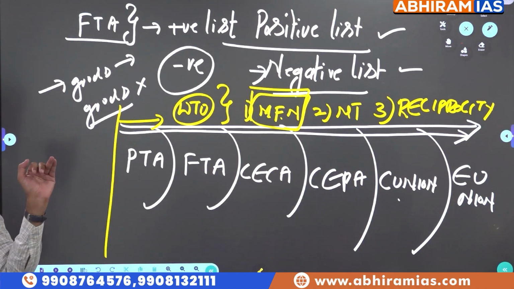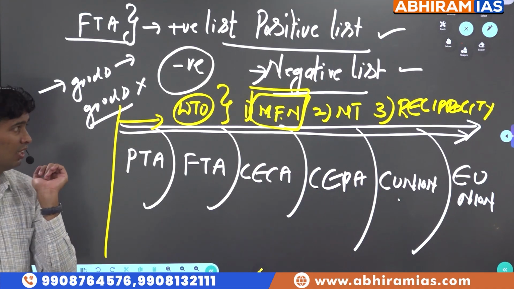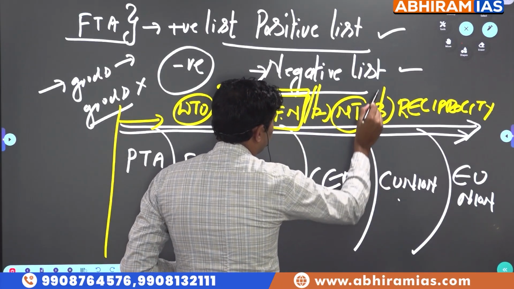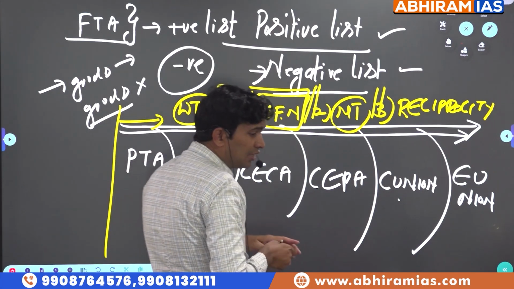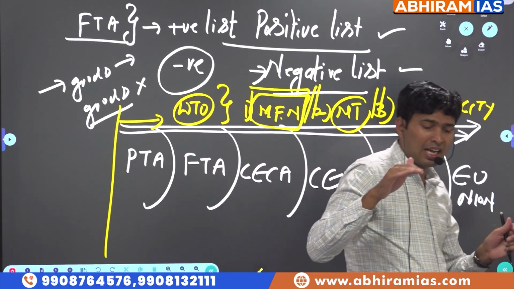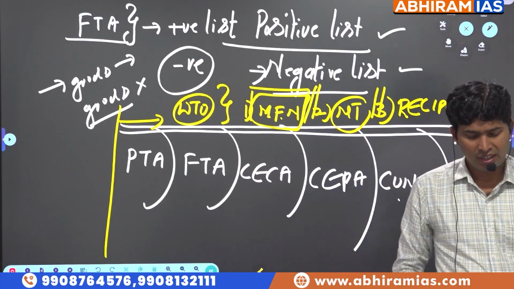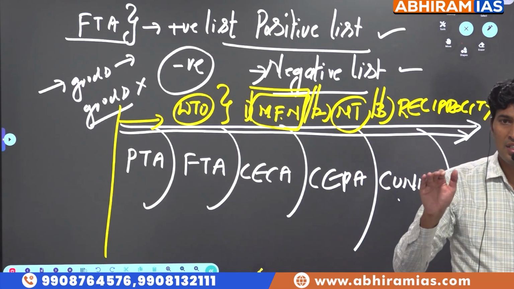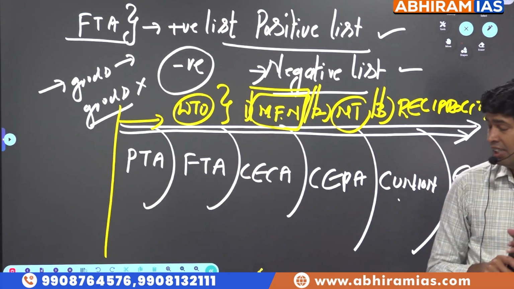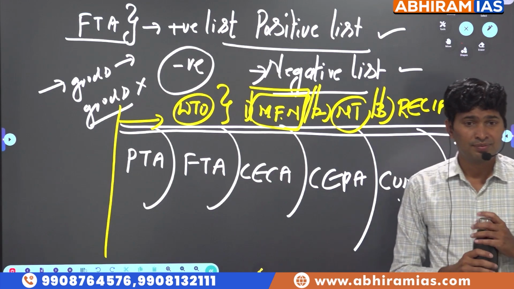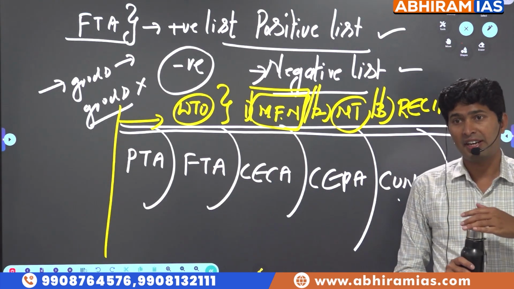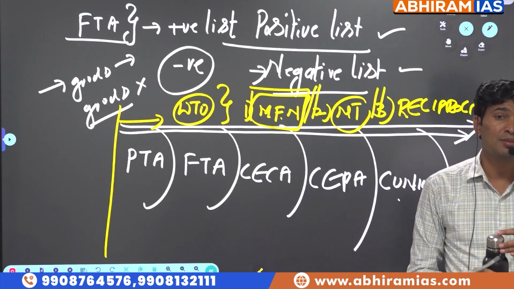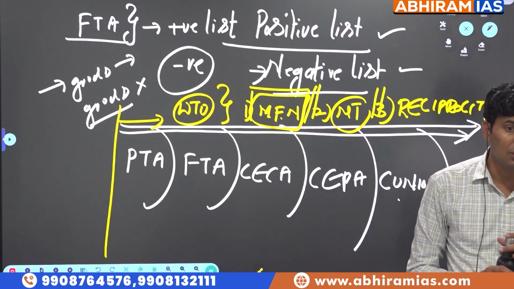So now we understood what is the meaning of most favored nation. National treatment. Clarity is important for prelims. See, at the time of entry at international border, equal treatment of all the countries is called as most favored nation. However, national treatment is after goods enter into our territory, inside our territory, there should not be discrimination between foreign goods and local goods.